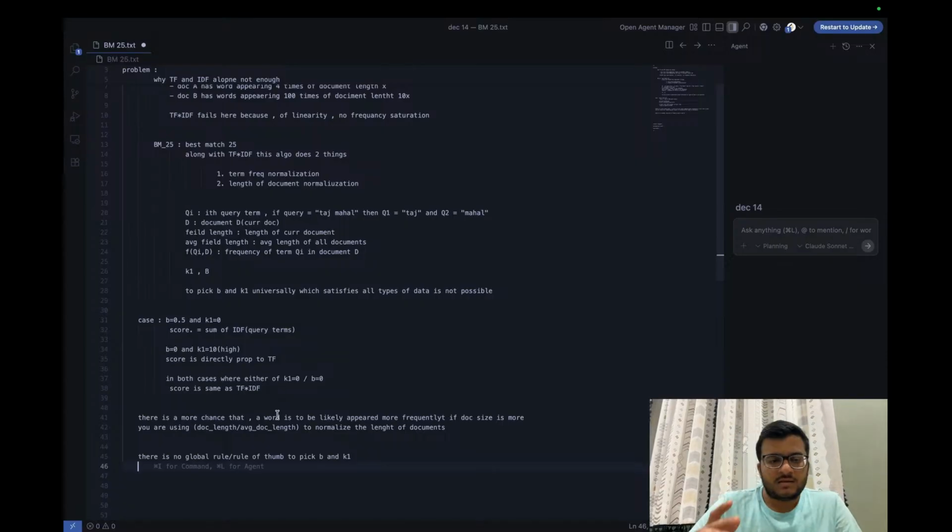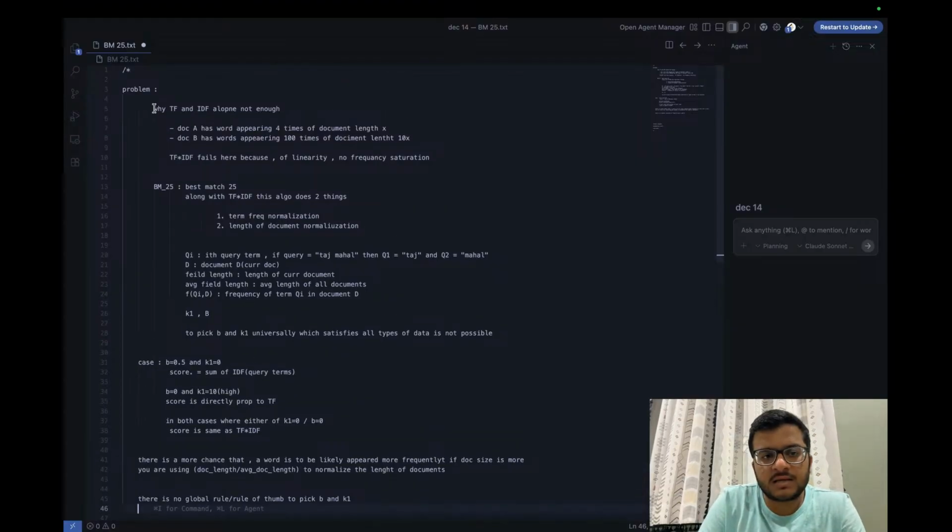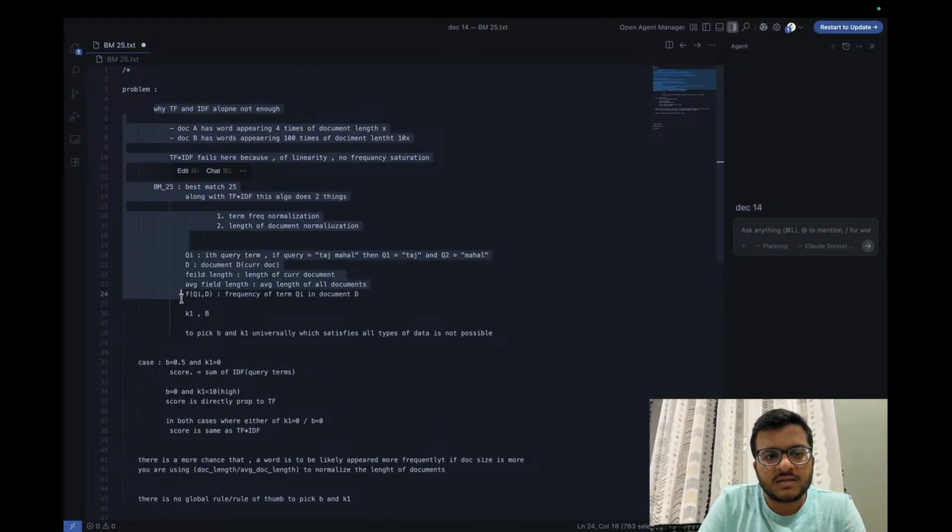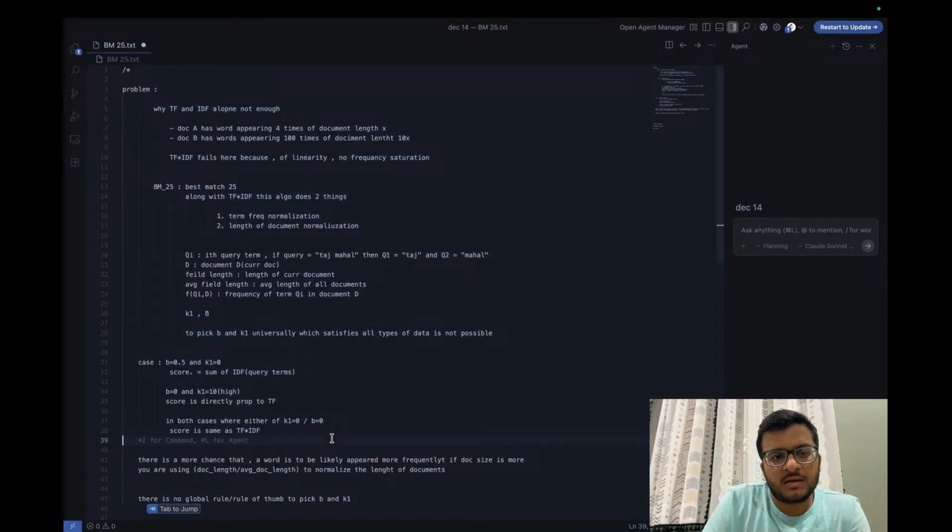Imagine the mathematicians or researchers went through what range of b and k1 to keep in order to come up with this formula. Elastic cannot release BM25 saying that this is our best ranking function, because they have to prove why BM25 is better than the alternatives.